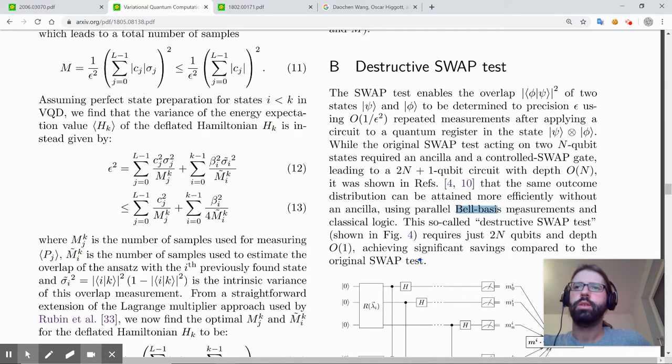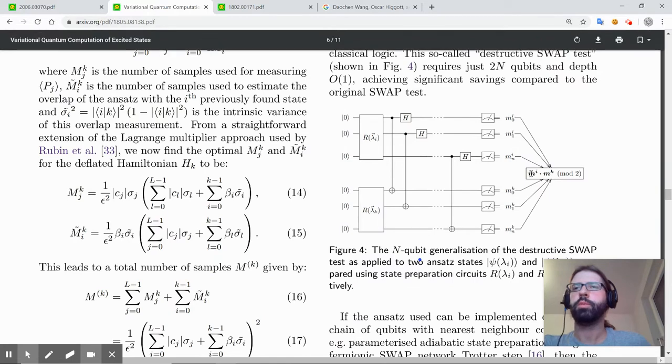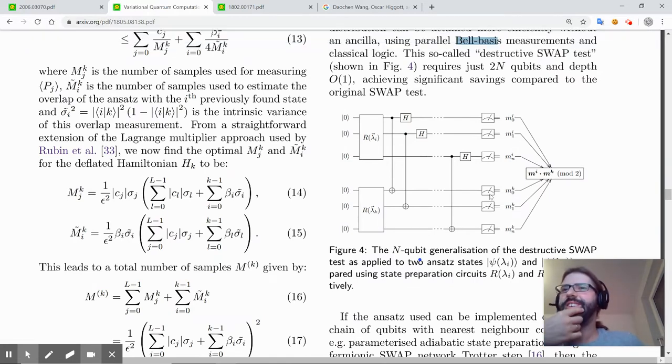In classical logic, the so-called destructive swap test shown in figure 4 requires just two n qubits in depth. Okay, but they don't explain it. The post-processing is just that, and then 1. And so if this is 1, but it's not 2, right?